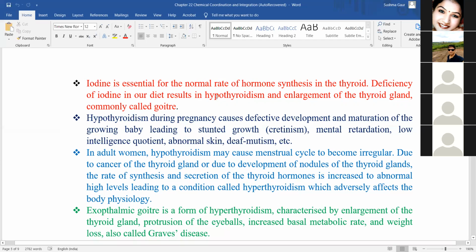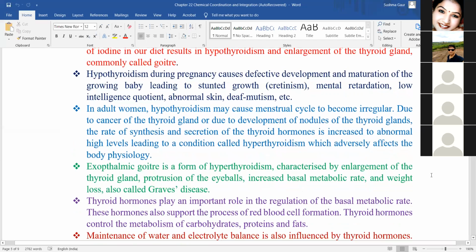Okay, so what will happen if there is a deficiency of iodine in our diet? Then it will result in hypothyroidism and enlargement of the thyroid gland. It is commonly known as goiter. Okay, so goiter is a thyroid disease caused by deficiency of iodine in our diet. Hypothyroidism during pregnancy will cause defective development and maturation of the growing baby, which leads to stunted growth, mental retardation, low intelligence quotient, abnormal skin, and deaf-mutism can also occur.